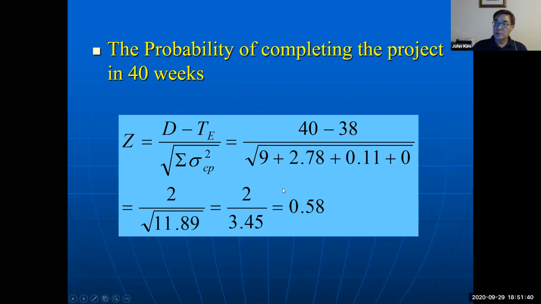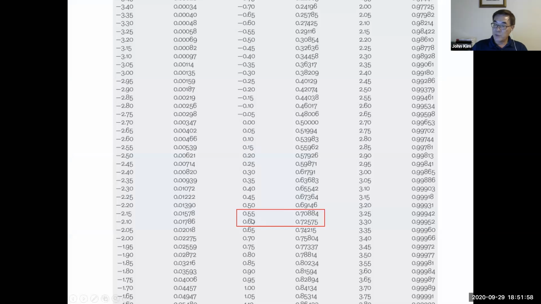So the result is 0.58. So 0.58 is the boundary. 0.58 is closer to 0.6, so take 0.72575.